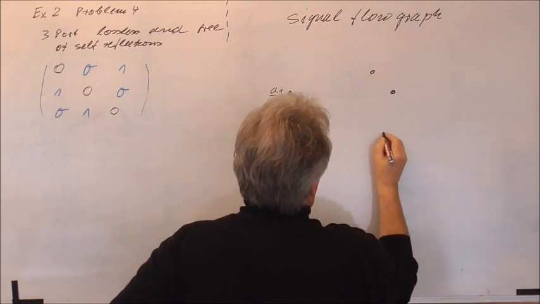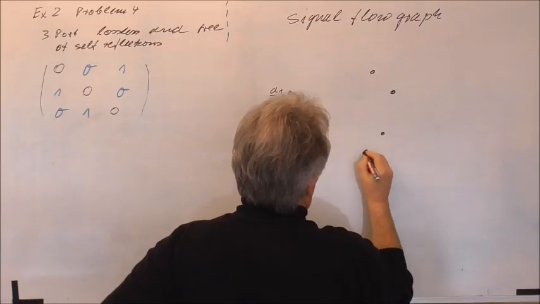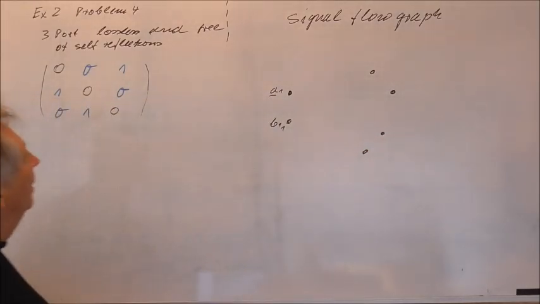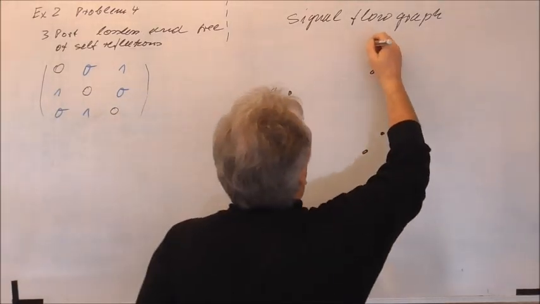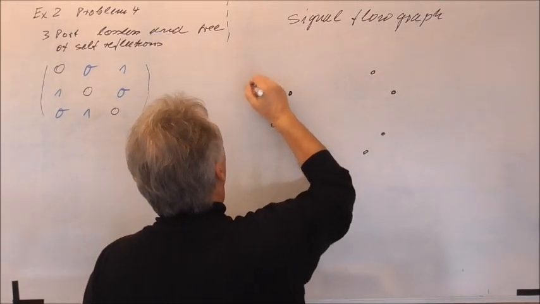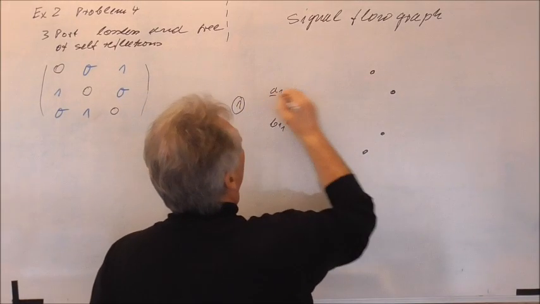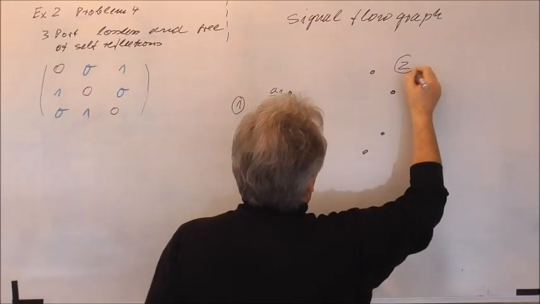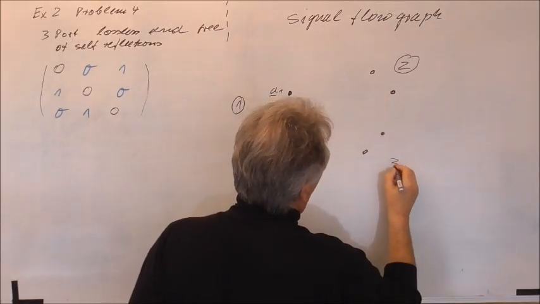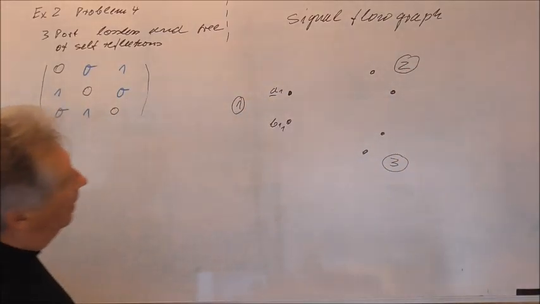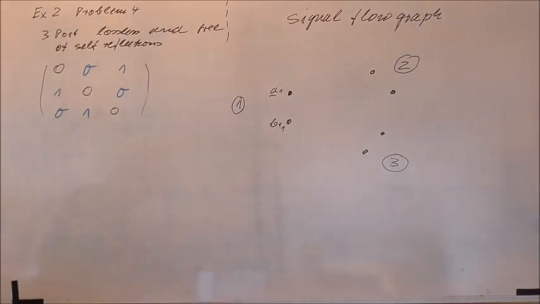Perhaps I sketch it first like this. So it's a 3-port, and if I take this as a port, this is port 1, this is port 2, and this is port 3. And now I introduce the elements.